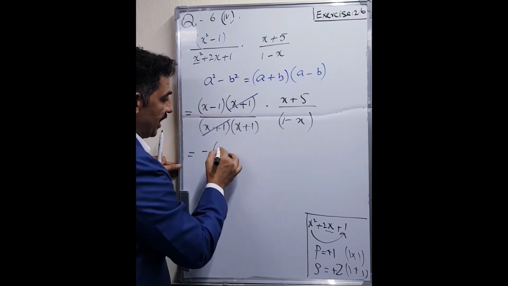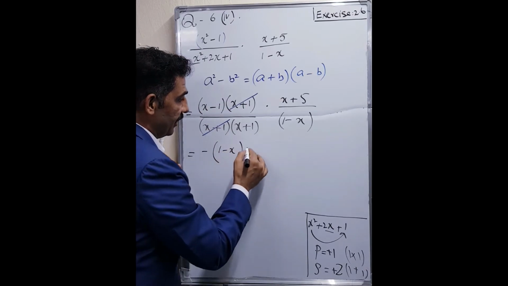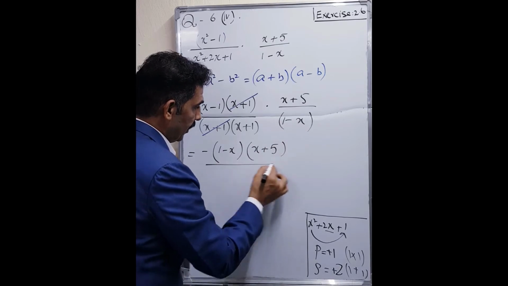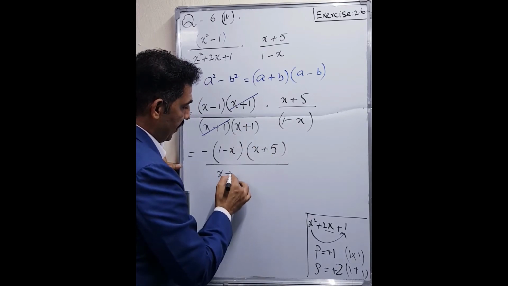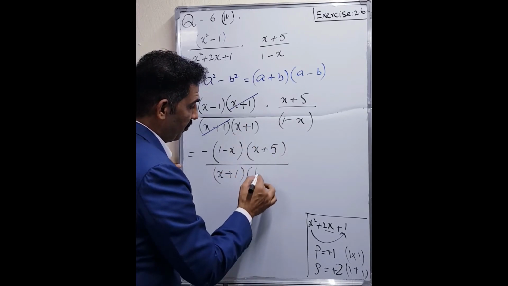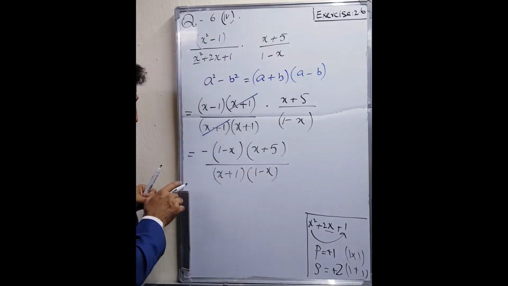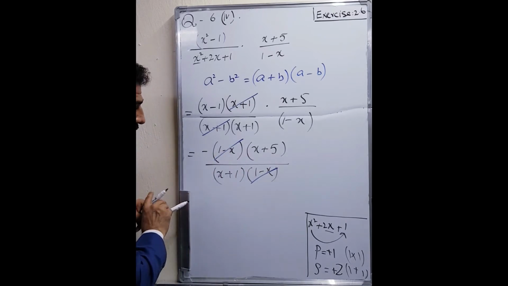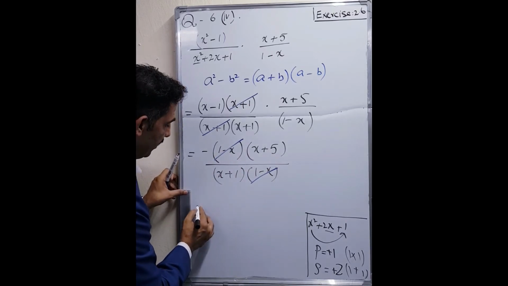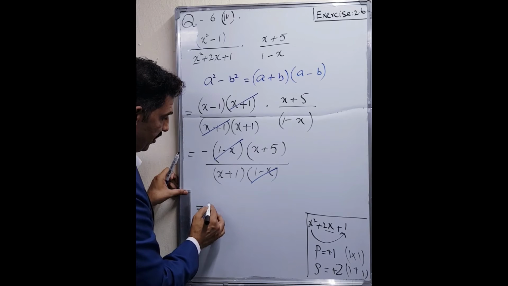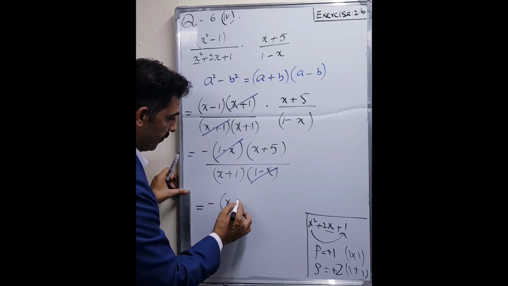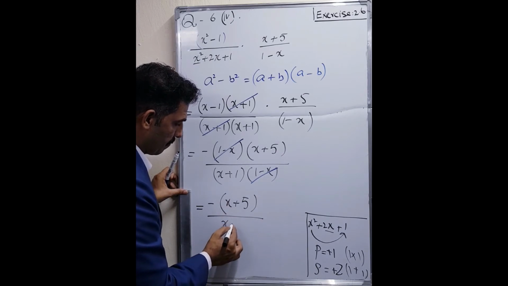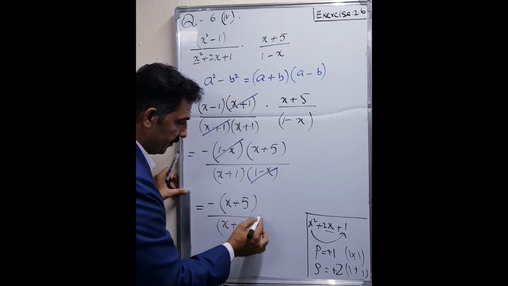What is remaining inside? 1 minus x, this x plus 5, over x plus 1 into 1 minus x. Now they are both the same, so you can cancel here. The remaining part is our answer, which is minus x plus 5 over x plus 1.